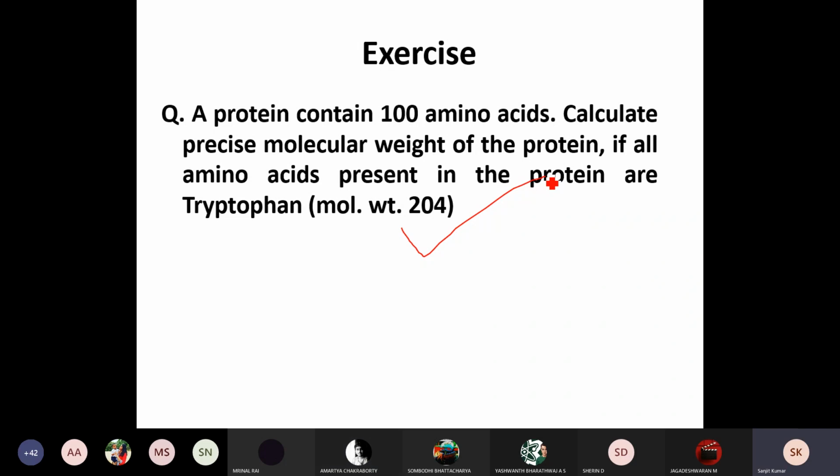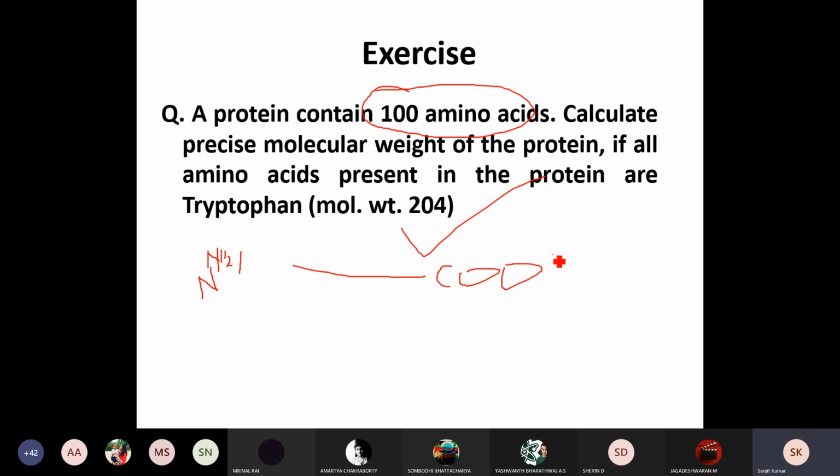Shall I explain? Yes, sir. Okay. So a protein contains 100 amino acids. As you know, a peptide bond is formed between NH2 and COOH. When the first amino acid has NH2 here, and it reaches 100, the COOH will be free.